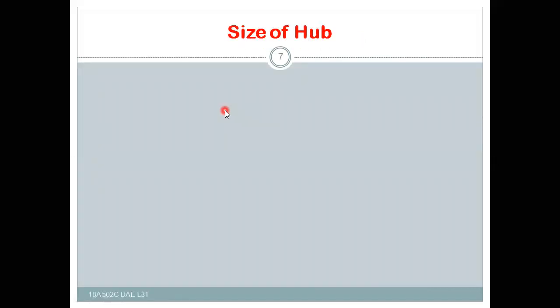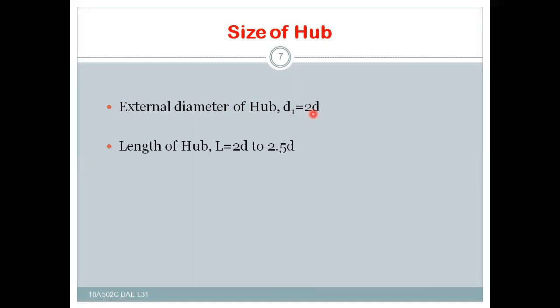Now the size of hub. The internal diameter of the hub is nothing but the shaft diameter, small d, and the external diameter of the hub, d1, is equal to 2 times the shaft diameter or bore diameter of the hub.